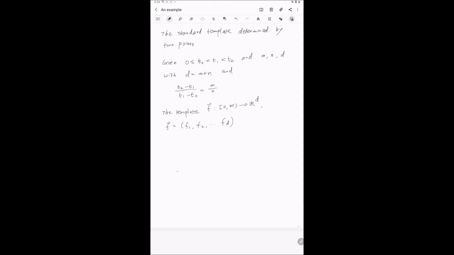This graph, here's the x-axis and the y-axis.